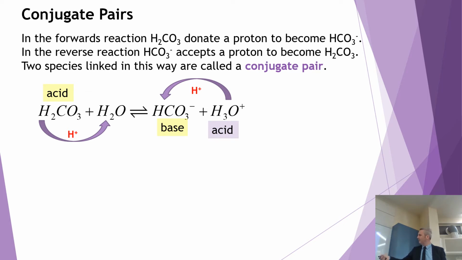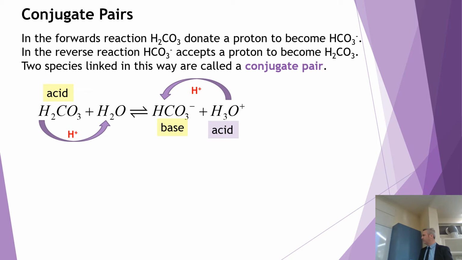So on this side, H2CO3 is an acid because it will give away a proton. On this side, HCO3 minus is the base because it accepts a proton to go backwards. These two yellow ones are called a conjugate pair. They are a pair, and the only difference between them is a hydrogen and a positive charge.